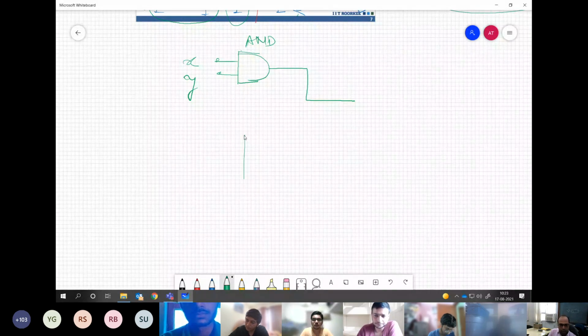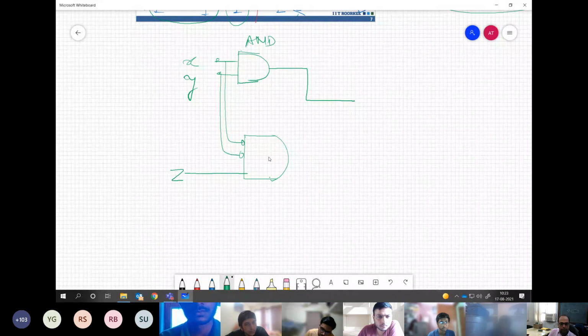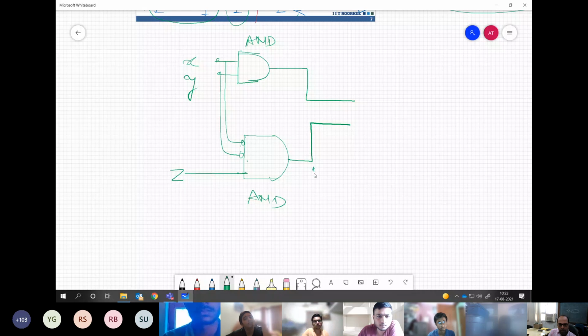Now the third is giving that whenever z is true, or sorry, not OR but AND. So whenever z is 1 and x is 0 and y is 0, then again this is giving another possibility when the function could be 1.